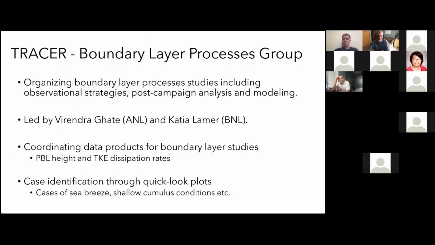I want to give a highlight about the boundary layer processes group for TRACER. We have a subgroup formed, with about 25 people or so, and our goal is to organize process level studies, especially boundary layer related and land atmosphere related studies, manage observation strategies, post campaign analysis, etc., and obviously do some modeling.